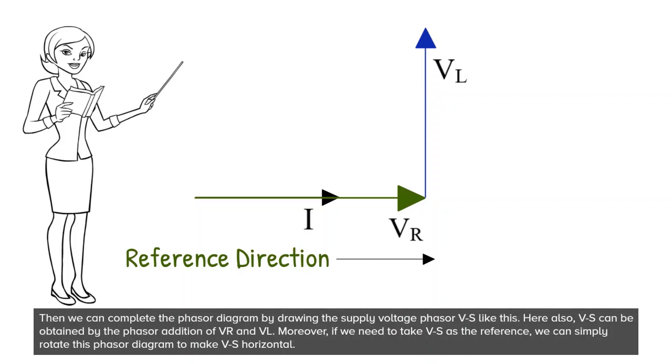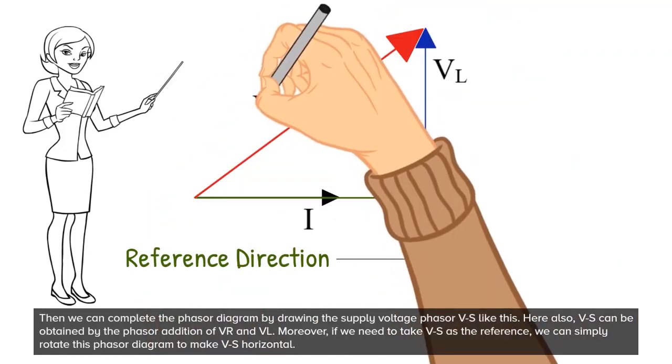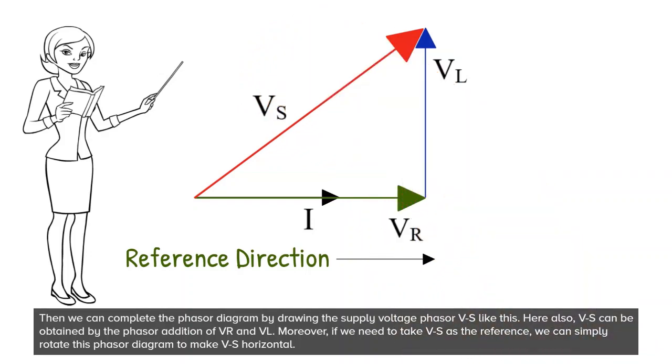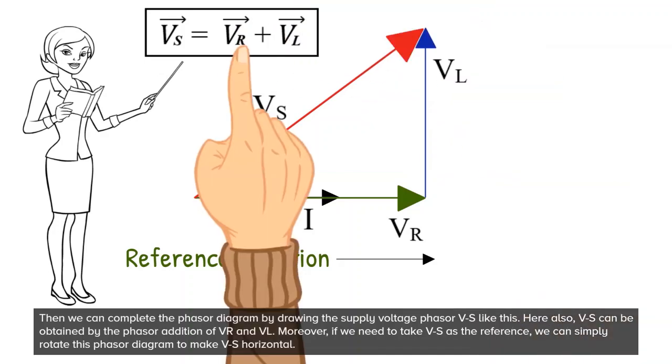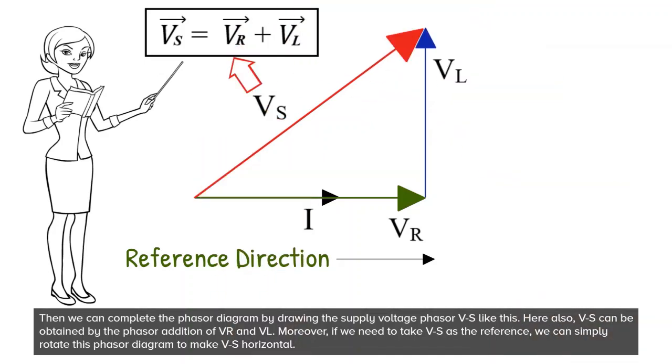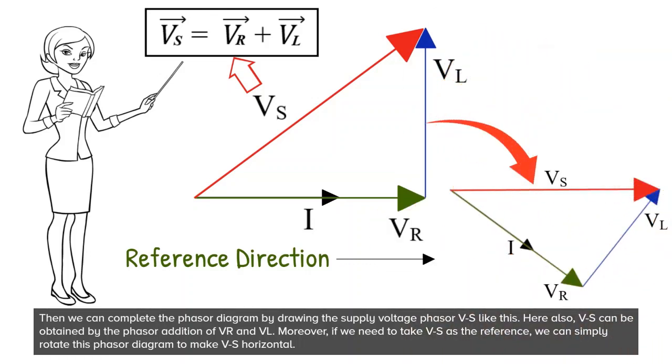Then we can complete the phasor diagram by drawing the supply voltage phasor Vs, like this. Here also, Vs can be obtained by the phasor addition of VR and VL. Moreover, if we need to take Vs as the reference, we can simply rotate this phasor diagram to make Vs horizontal.